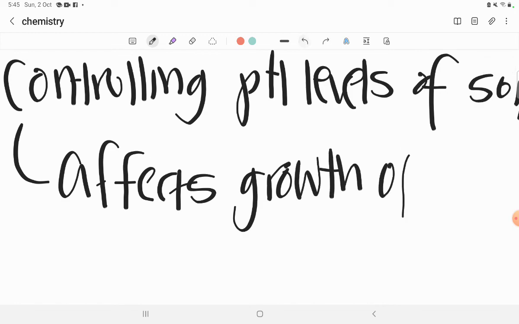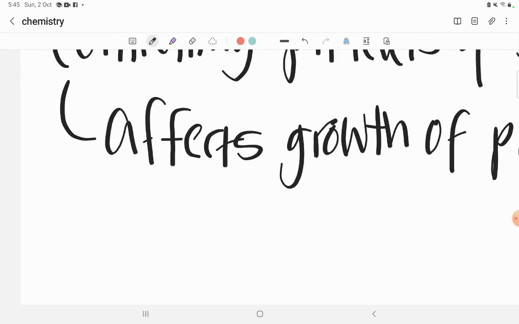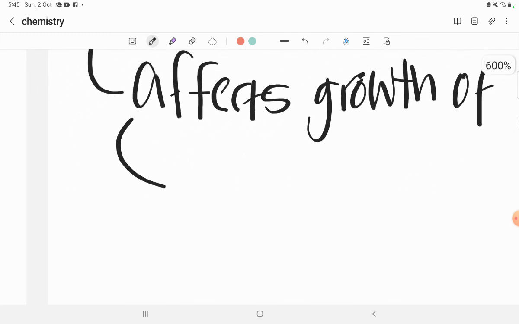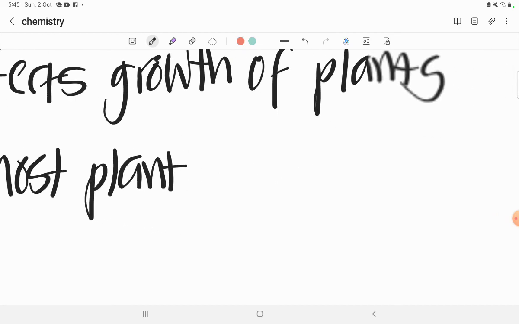How does it affect? Well, most plants grow best at around neutral or slightly acidic.